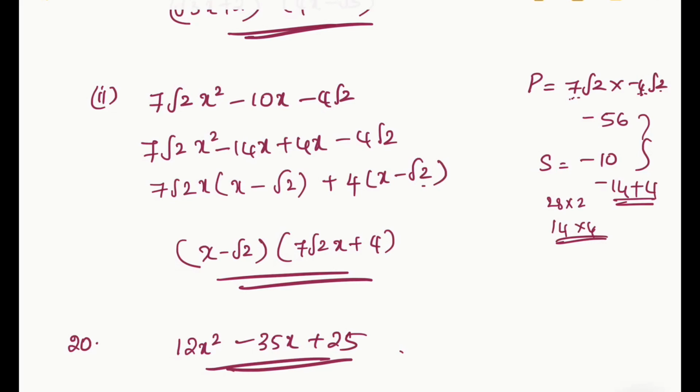So let us factorize this for that. What do I get? Product is equal to 12 into 25. 25 12s are 300, right? And my sum is equal to minus 35. Which are the two possibilities I can take, such that the product will be 300 and sum is minus 35?